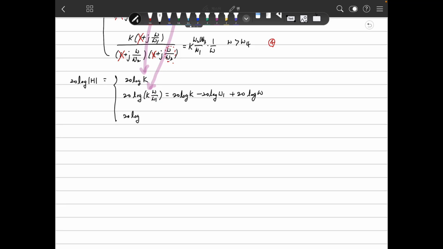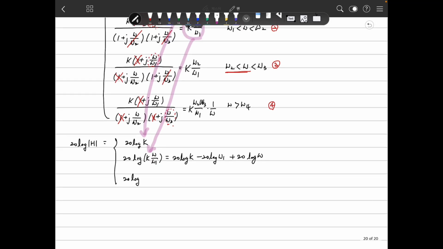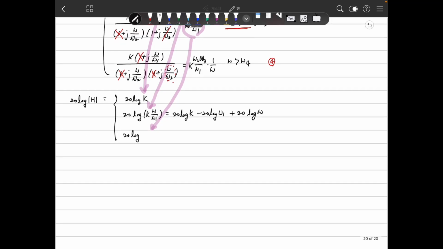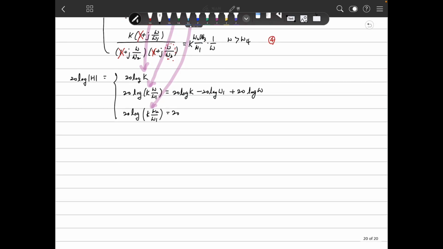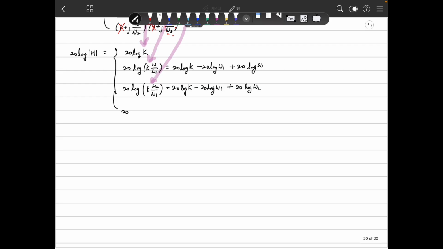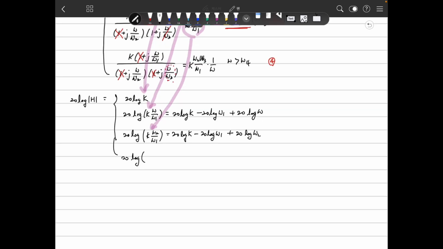Log here, we have to insert that, which is here. So that will be k omega 1 omega 2. So that will be 20 log k minus 20 log omega 1 plus 20 log omega 2. This is the last thing here.